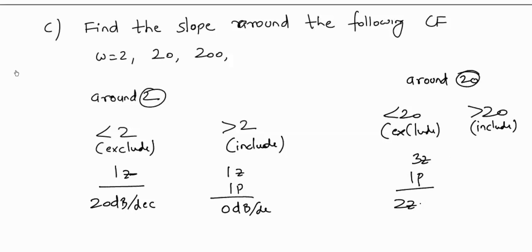Overall we have 2 zeros, which will give me a slope of 40 dB per decade. Then for greater than 20 I have to include 20 also, so 3 zeros and 3 poles. This will give me 0 dB per decade. In this way we can find the slope around the corner frequency.